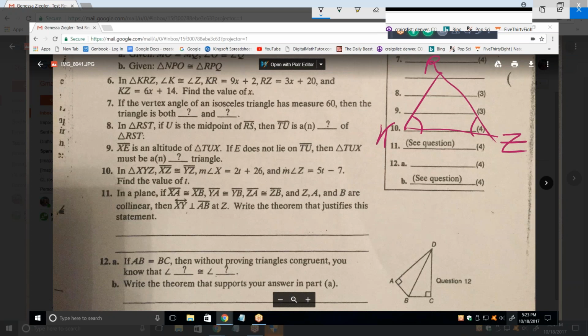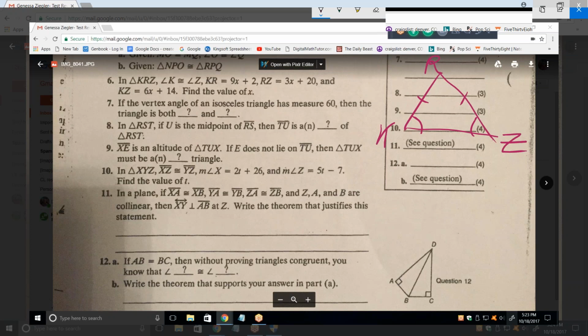The moment I know that angle K is congruent to angle Z, would it be isosceles? Yeah, automatic. Because isosceles is two equal sides, but also the angles opposite them are equal. So I know that if these two angles are equal, then those two sides are also equal. Has to be.